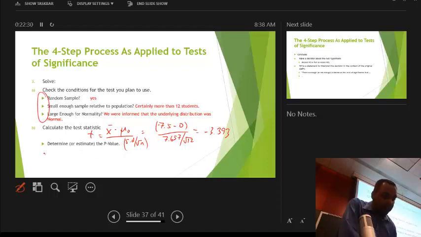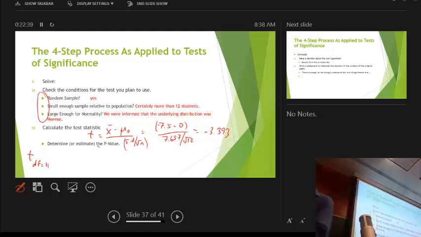According to the t-chart, I'm going to go down to 11. And of course, you'll be given the chart on Tuesday also. So down to 11, and then over to the closest thing to 3.393.